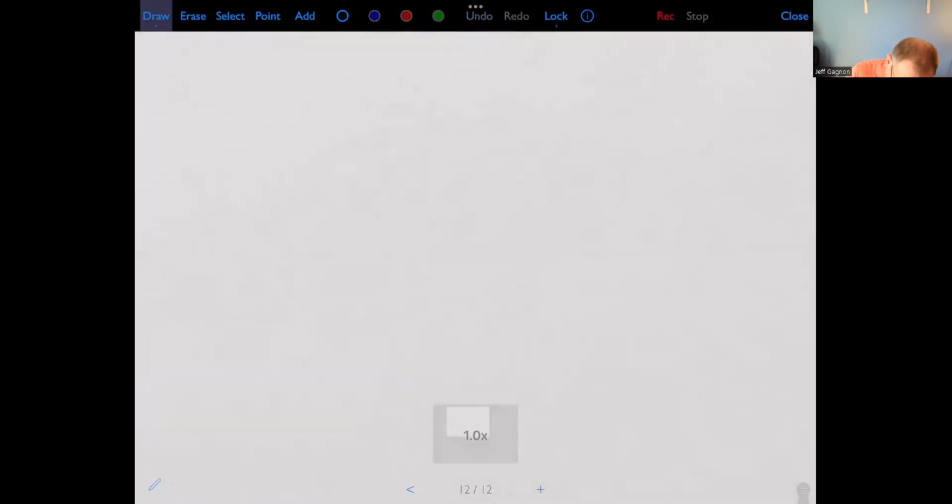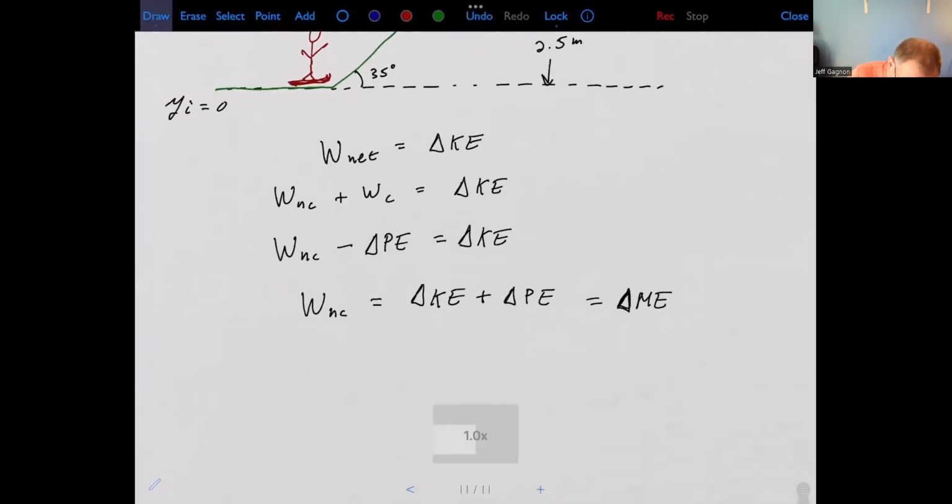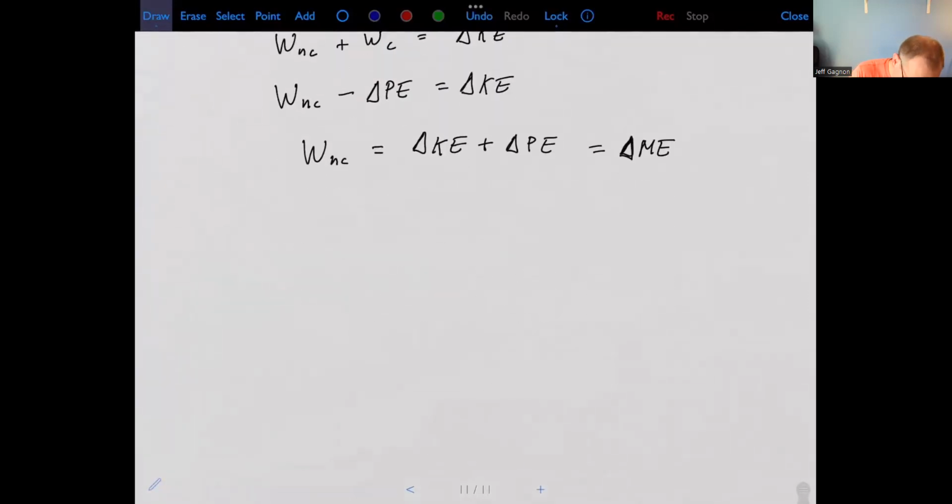Let's say this is our ramp, and this angle here is 35 degrees. We have the skier going up the ramp. What are the forces acting on the skier?